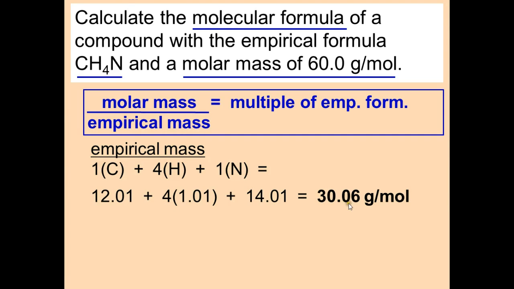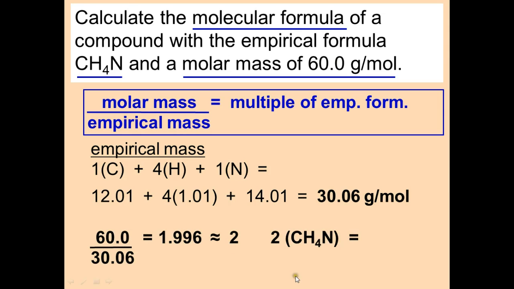Then we plug this into the formula, so molar mass, 60, divided by approximately 30, and we get approximately 2. Then we multiply 2 times the empirical formula, which is given to us. FYI, the empirical formula will always be given to you, and so will the molar mass.